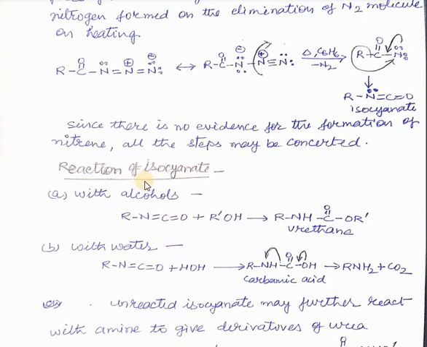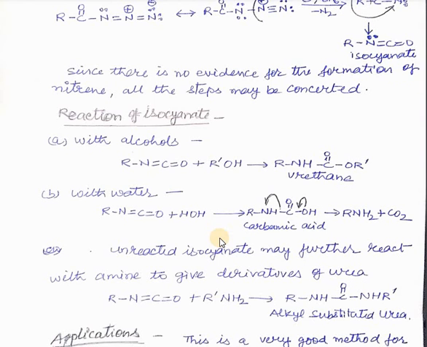Now the reactions of isocyanate. Isocyanate reacts with alcohol to give urethane. In all these reactions, the isocyanate reacts by addition across the carbon-nitrogen double bond.